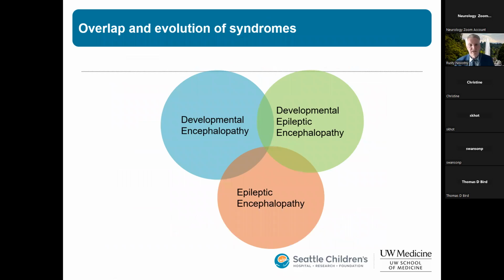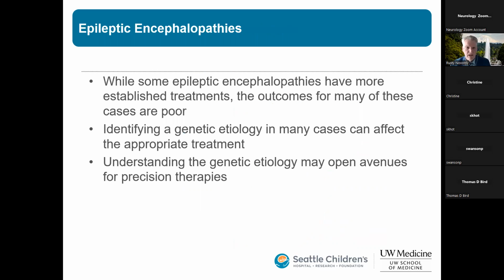So as I said, there's a lot of overlap of these syndromes. One can morph into the other over time, but many of them have important implications in terms of identifying the underlying causes, as well as the likely genetic causes in some cases, and how you can identify these to consider treatments.